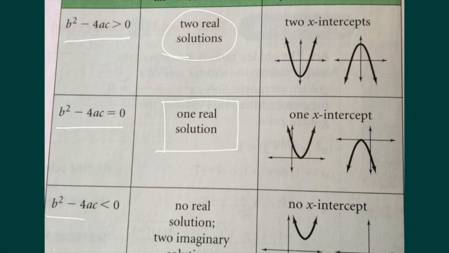And then finally, if b squared minus 4ac is smaller than 0, we get no real solution and we have two imaginary solutions. Okay? Remember, when we have imaginary solutions, our parabola doesn't cross the x-axis.